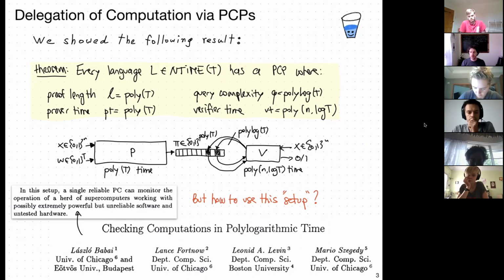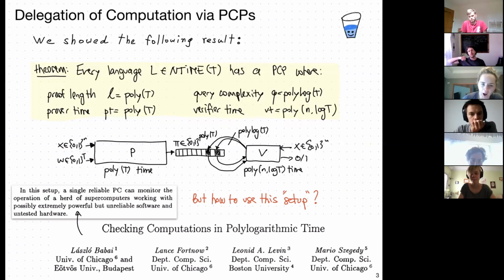Let me quickly skim through the chat to see questions. Regarding the PCP, Alexandros is asking, did the PCP construction we saw achieve a polynomial time prover? It depends on which construction, but specifically the construction that we discussed in lecture B8, the one with sublinear time verification, we said that if a witness is given, suppose we're thinking about three coloring, I'm not saying that the prover solves the three coloring by itself.